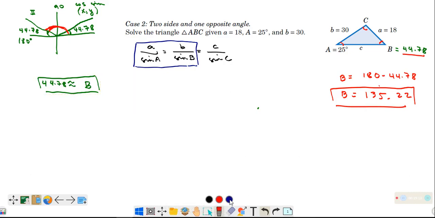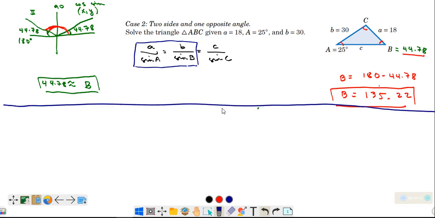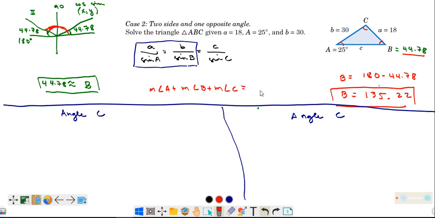Okay. So, computation na tayo ng C. May dalawang value rin tayo ng angle C. Yan. So, ang gagamitin natin ay yung idea that the measurement of angle A plus the measurement of angle B plus the measurement of angle C is equal to 180 degrees.